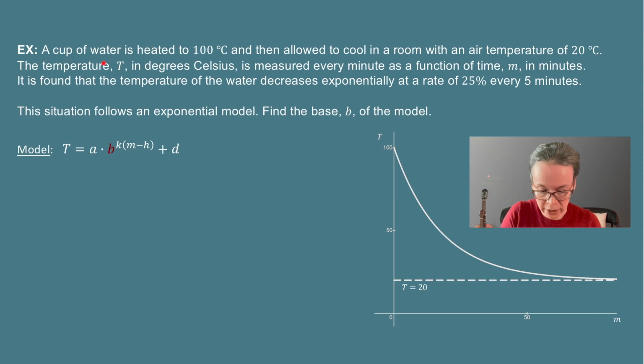A cup of water is heated to 100 degrees Celsius and then allowed to cool in a room with an air temperature of 20 degrees Celsius. The temperature T in degrees Celsius is measured every minute as a function of time m. So here, the variable that we're going to use for time will not be t.